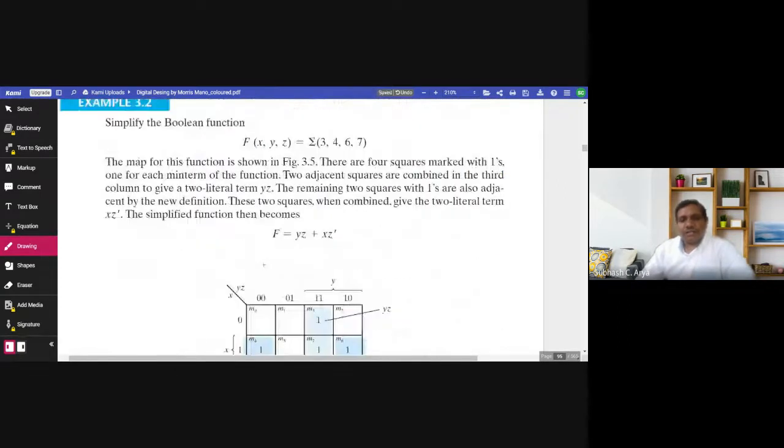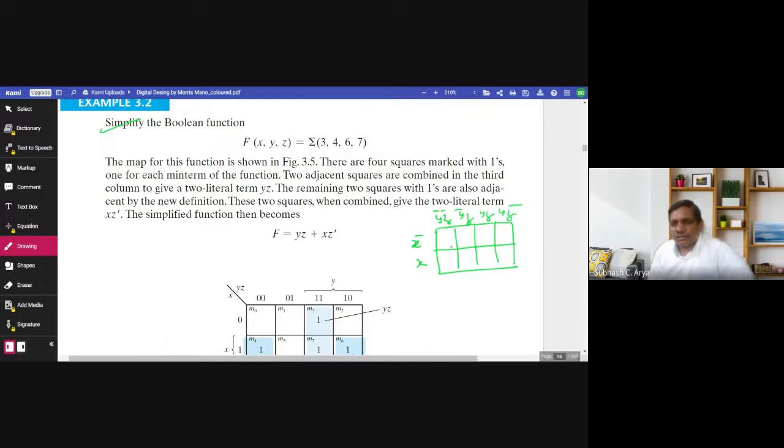Now coming to the next question, we can also attempt to simplify the Boolean function f(x,y,z) = Σ(3, 4, 6, 7). Let us do it here so that we have a proper understanding, although you can read this book. So here let us write x bar. This is x. Here y bar z bar, y bar z, y z, y z bar.